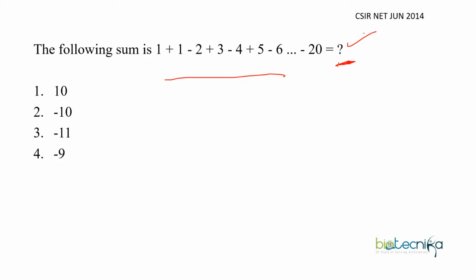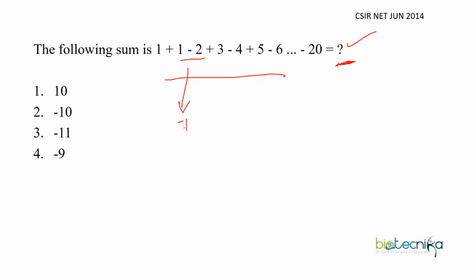Okay, start by taking the pairs. Take small pairs. Try taking the pairs. Okay, so here if I take 1 and minus 2, that means my difference is minus 1, correct?